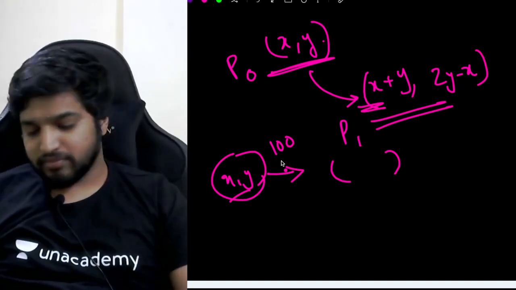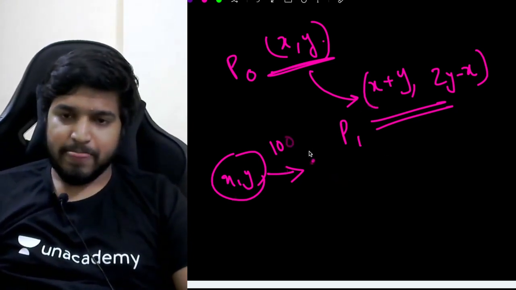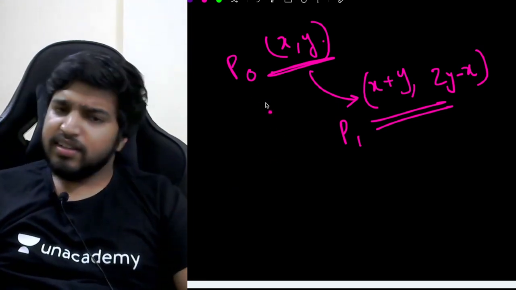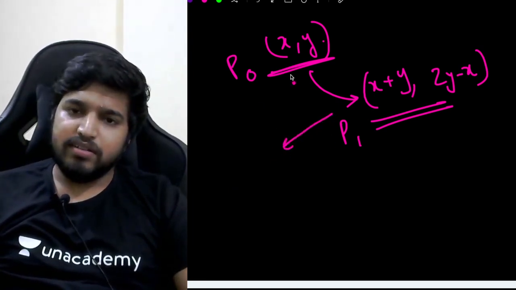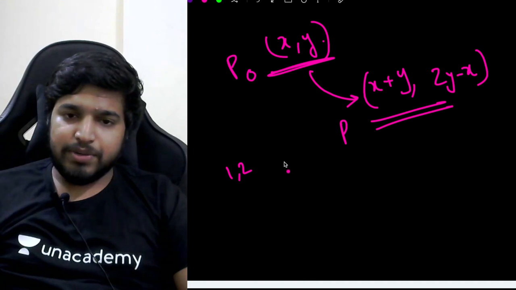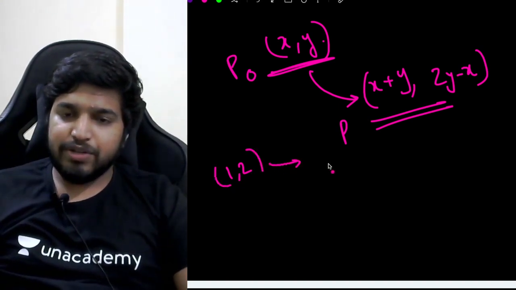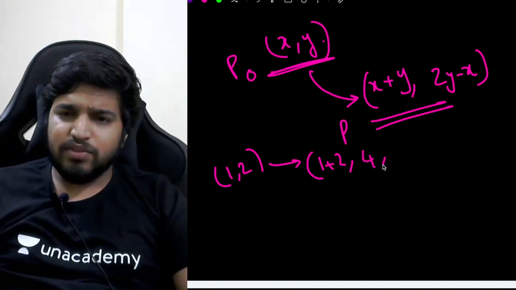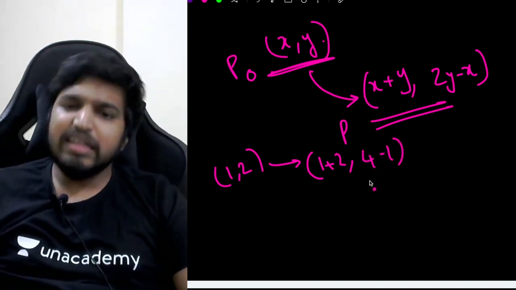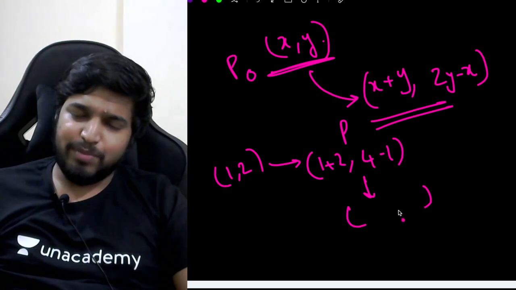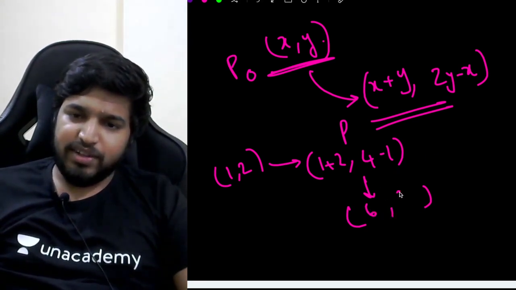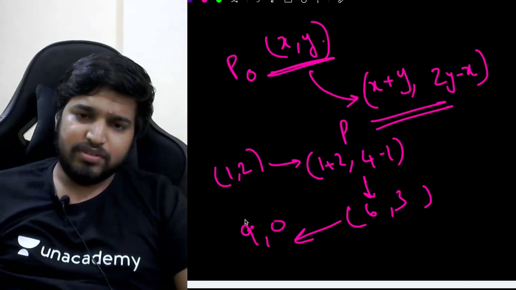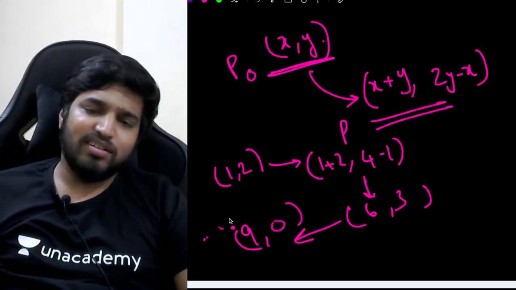Now, one way to solve this problem is to write each transformation one by one. Starting at 1 comma 2, I went to 1 plus 2 comma 4 minus 1, then 6 comma 3, then 9 comma 0, and so on.